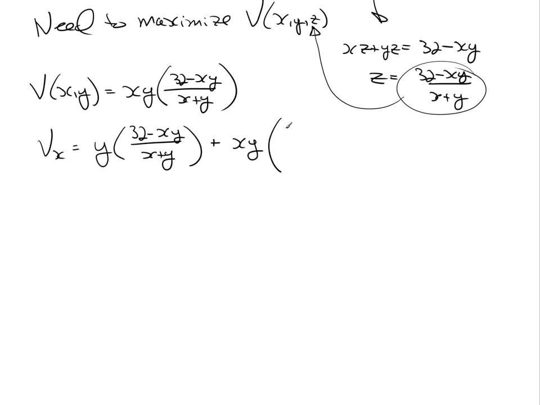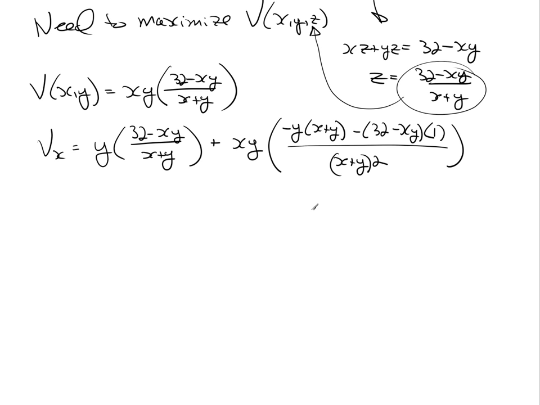So this is going to be negative y times (x plus y) minus (32 minus xy) times the derivative of this with respect to x, which is just 1, over (x plus y) squared.